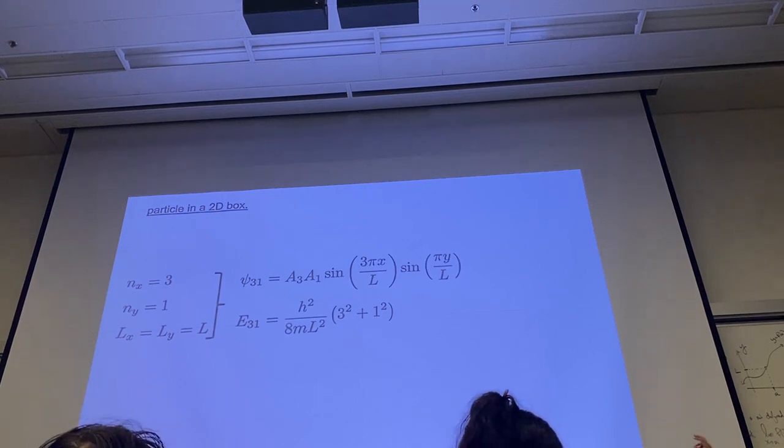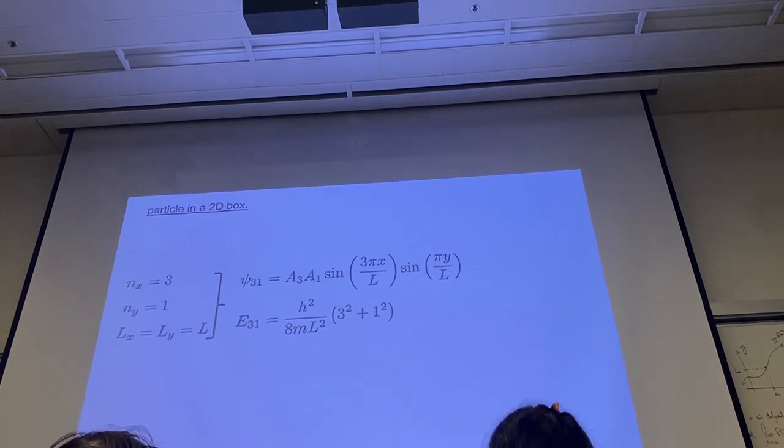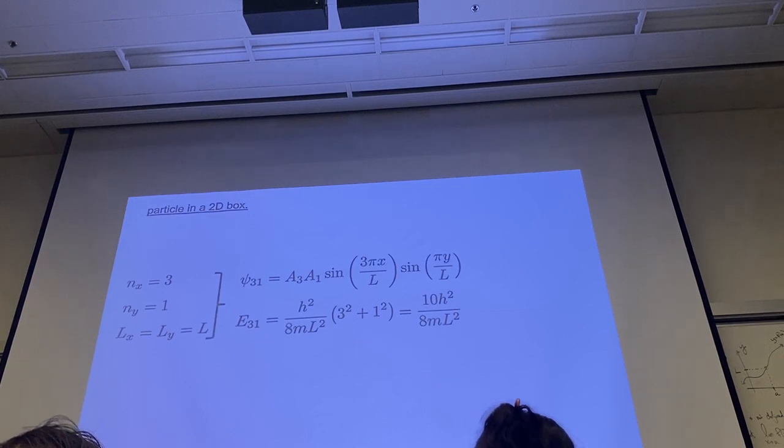So what I'm getting between parentheses is 3 squared is 9, plus 1 is 10. So the energy of this state is 10 times h squared divided by 8mL squared. I'm going to call it energy 3,1, because that's the energy of the 3,1 state.